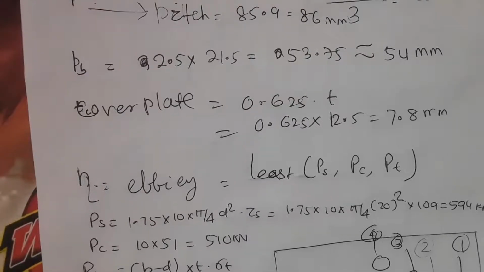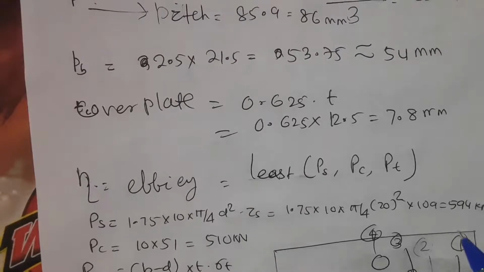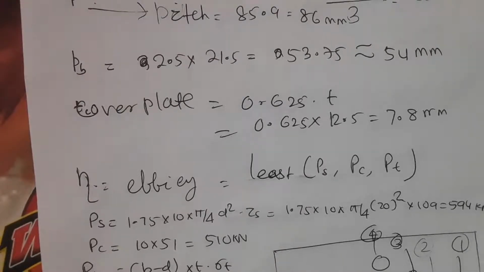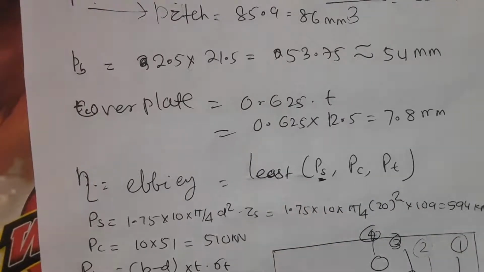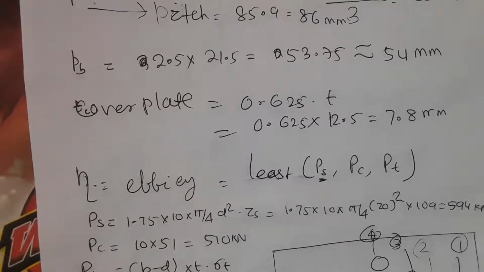Then, to find out the efficiency, we have to find out the tearing strength, shearing strength and crushing strength at different locations. We know the shearing strength of a single rivet we calculated, but in double shear it is coming out to 51.